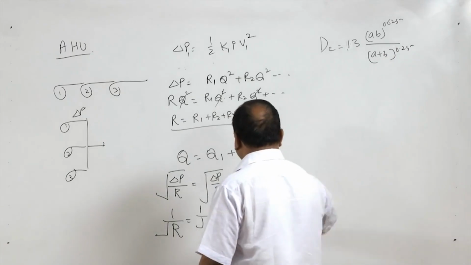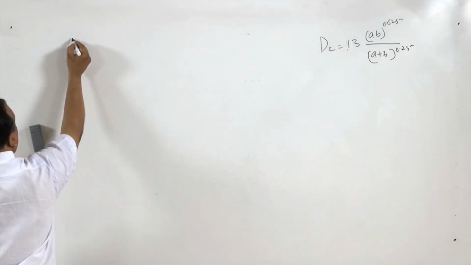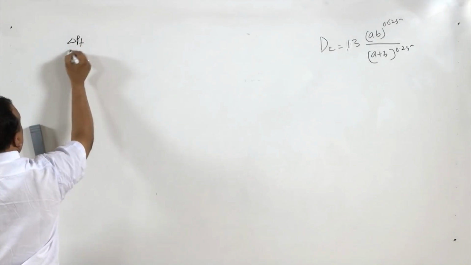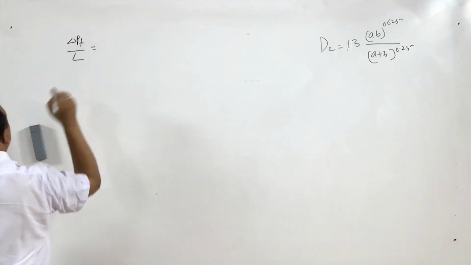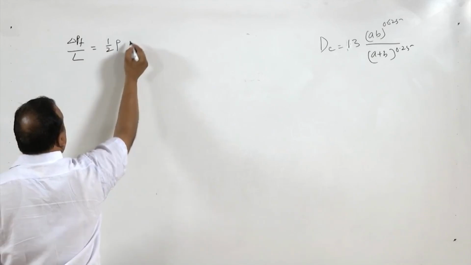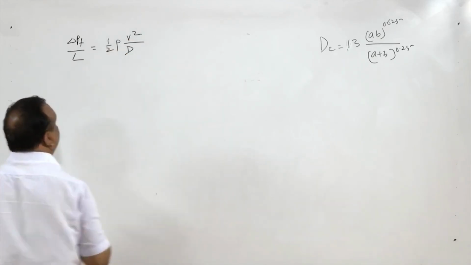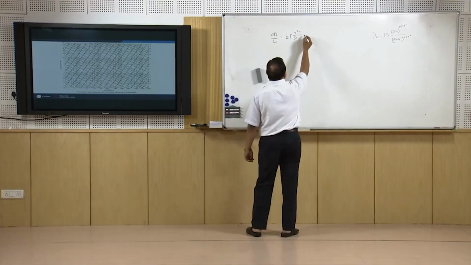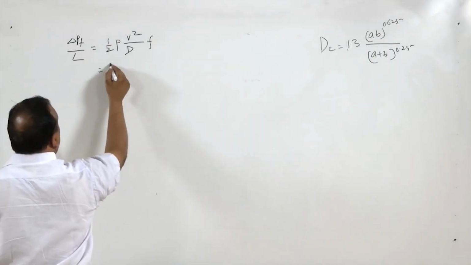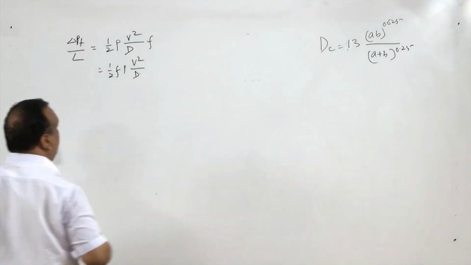Right. In this case, if we take friction loss in a duct, then it is equal to half rho V square by D multiplied by F, friction coefficient, and that is equal to half F rho V square by D.